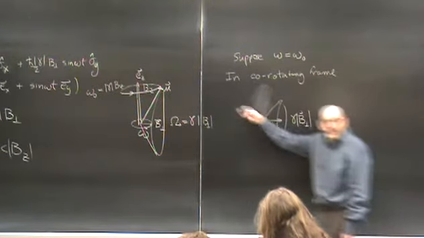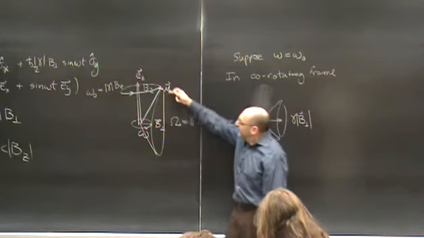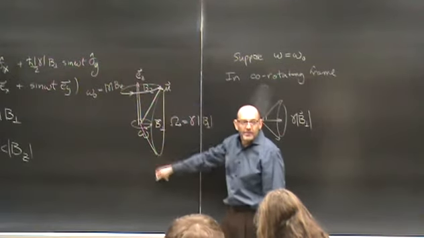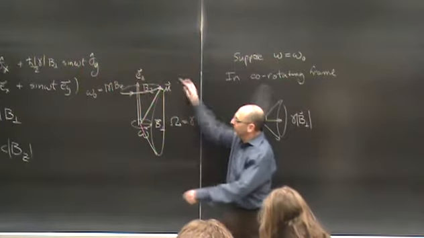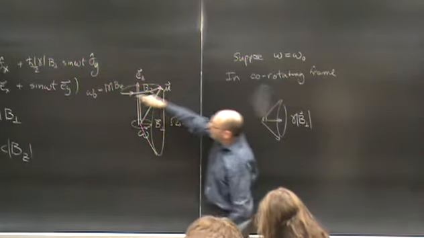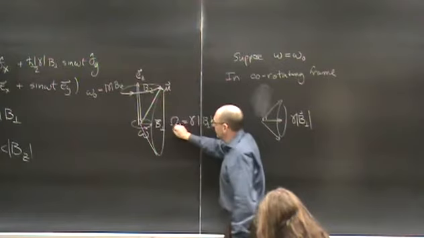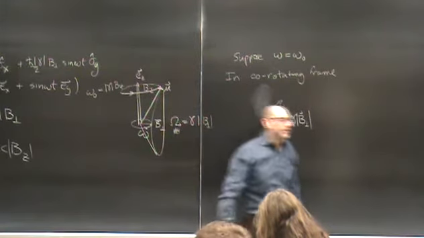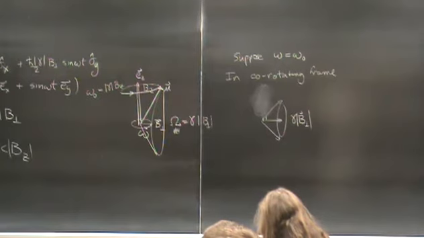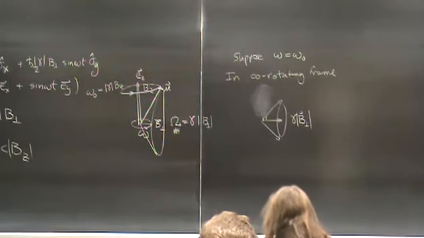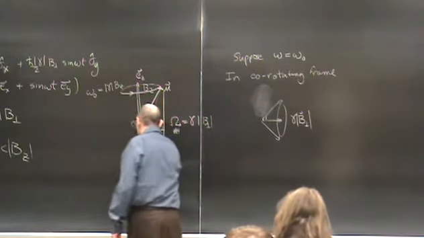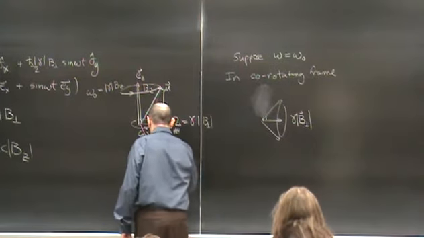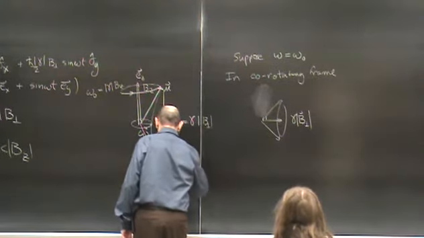It just constantly is feeling that torque. And it's going to precess from up to down and up to down, while at the same time spinning around. So the whole thing is spinning very rapidly at omega naught, and then precessing at this, in this case, smaller frequency, capital omega. This is the example of what we call spin resonance.